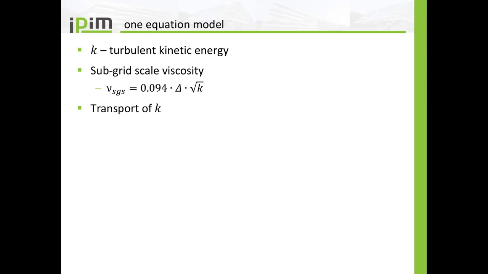In the one equation model, which is called oneEqEddy in OpenFOAM, you have this k value, but in this case you have a transport equation for k, with a convection term, a diffusion term, source terms, and also a partial time derivative.